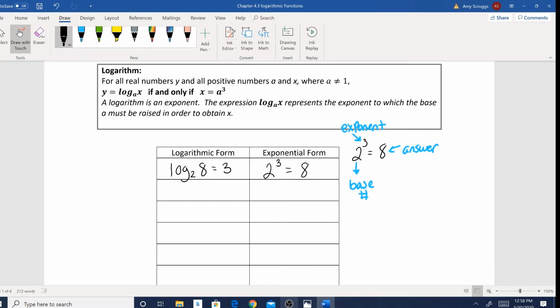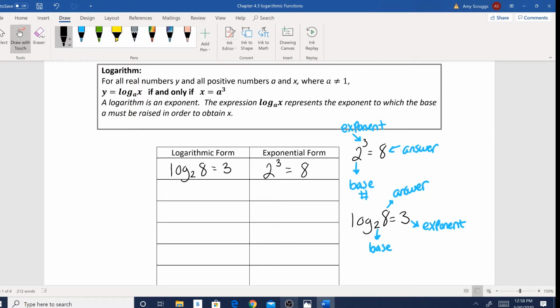In logarithmic form, it is log base 2 of 8 is equal to 3. So in log form, your base number goes right here as a little subscript number. The answer to the exponential function goes right there, and your exponent goes right there on the end. So that's how you convert between logarithmic and exponential form.